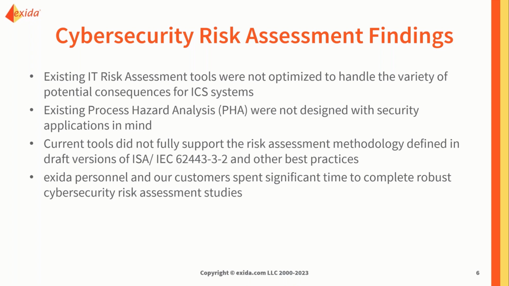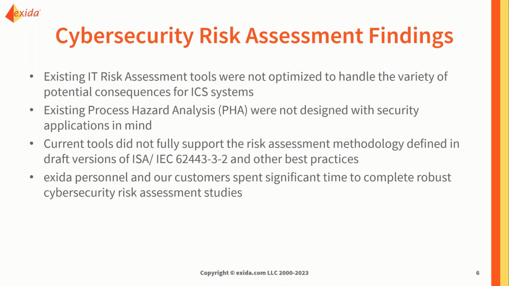And so when we looked at what was available, existing IT risk assessment tools were not really optimized to handle the same level of detail or the same granularity as the risk assessments for ICS systems.